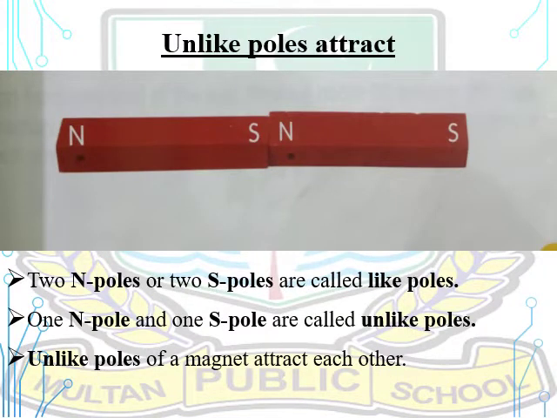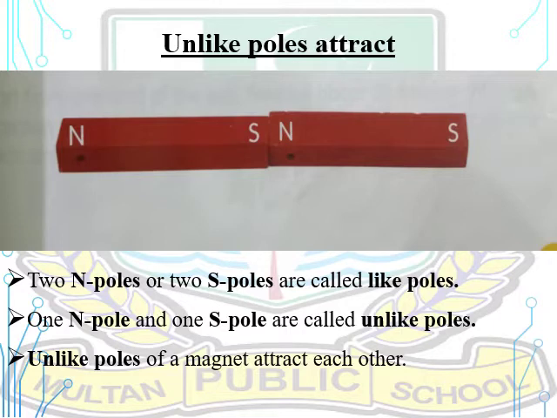Unlike poles attract. Dear students, you have to remember that two N poles or two S poles are called like poles. One N pole and one S pole are called unlike poles.